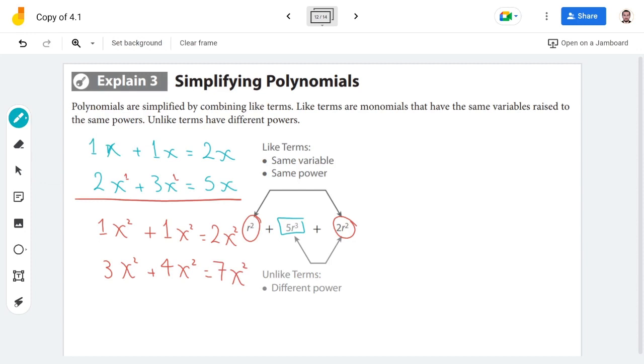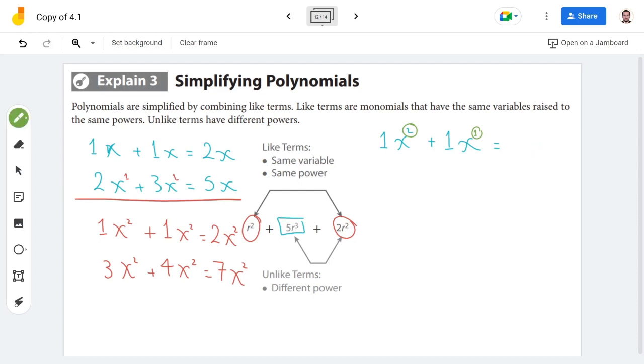Now, look at this example here. Let's say we have 1x to the power of 2 plus 1x. Now look at the degree here. The degree here is different. Here it's x to the power of 2, and here the degree is 1. We can't say 2x to the power of 3. No, we can't say that because they don't have the same degree.